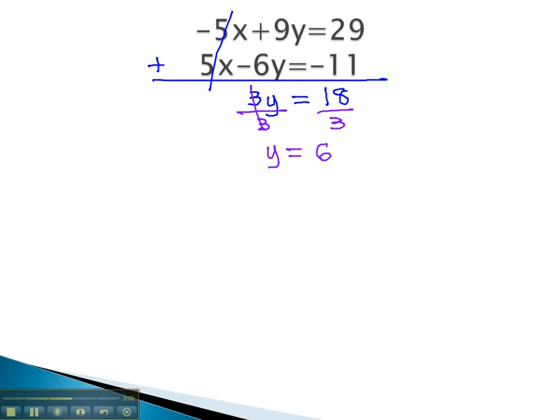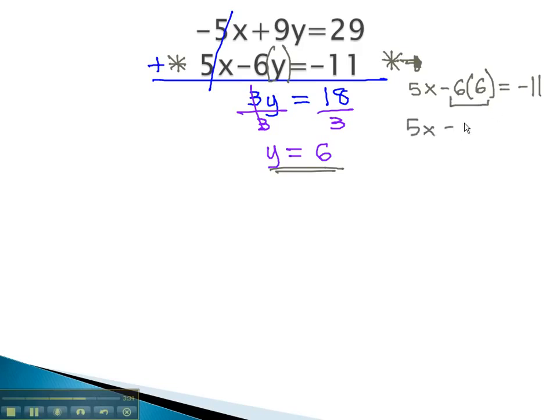We still must find the x that makes this system true as well. And again, we find that by taking our y value and plugging it into the original equation. It does not matter which equation, so I will plug it into the second because it has smaller numbers and may be easier to work with. We can replace the y with 6, and we find the equation is now 5x minus 6y, which we just found out was 6, equals negative 11.